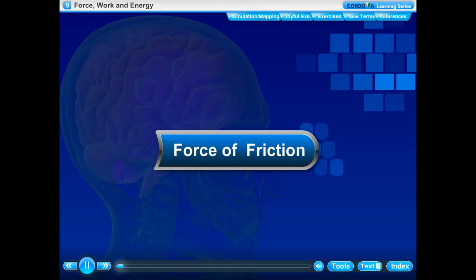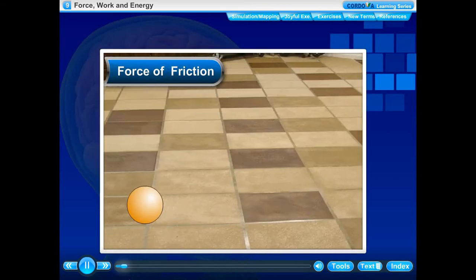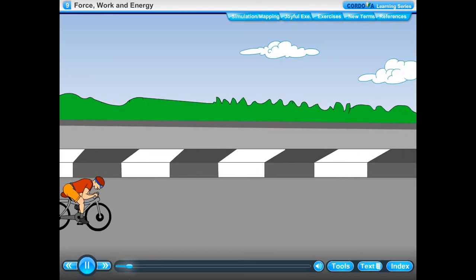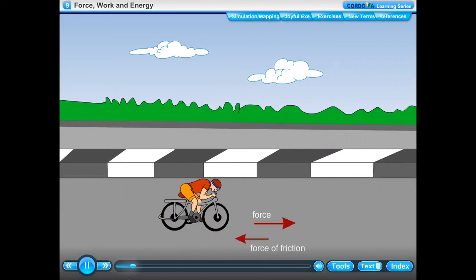Force of friction. When you roll a ball over a floor, it gradually slows down and finally stops. In the same way, when you stop pedaling your cycle, it gradually slows down and stops. Why do they stop?